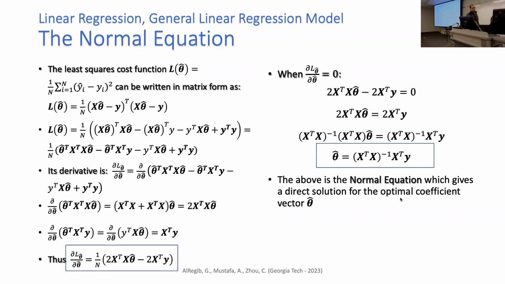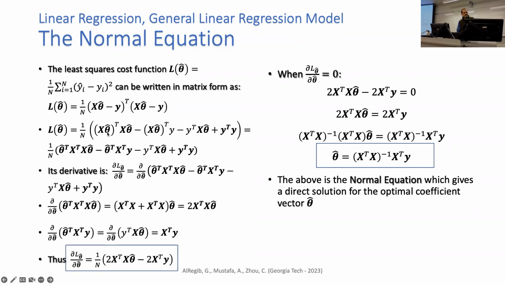Okay, let's continue. I can multiply x theta transpose times this x theta. I get the first term, x theta transpose times y. I get the second term, y transpose times x theta, the third term. Y transpose times y, I get the fourth term. I can simplify this by getting rid of the parentheses.